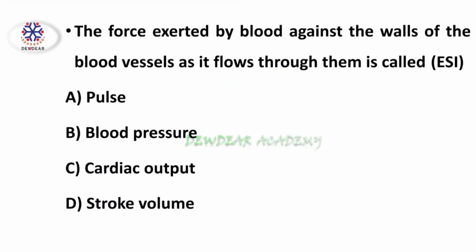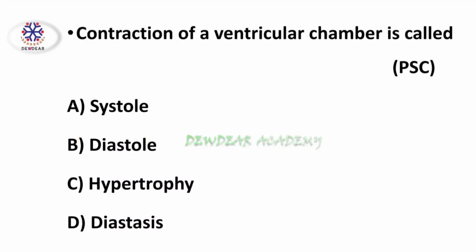The force exerted by blood against the walls of the blood vessels as it flows through them is called, options: pulse, blood pressure, cardiac output, stroke volume. The correct answer is blood pressure. Next is contraction of a ventricular chamber is called, options: systole, diastole, hypertrophy, diastasis.